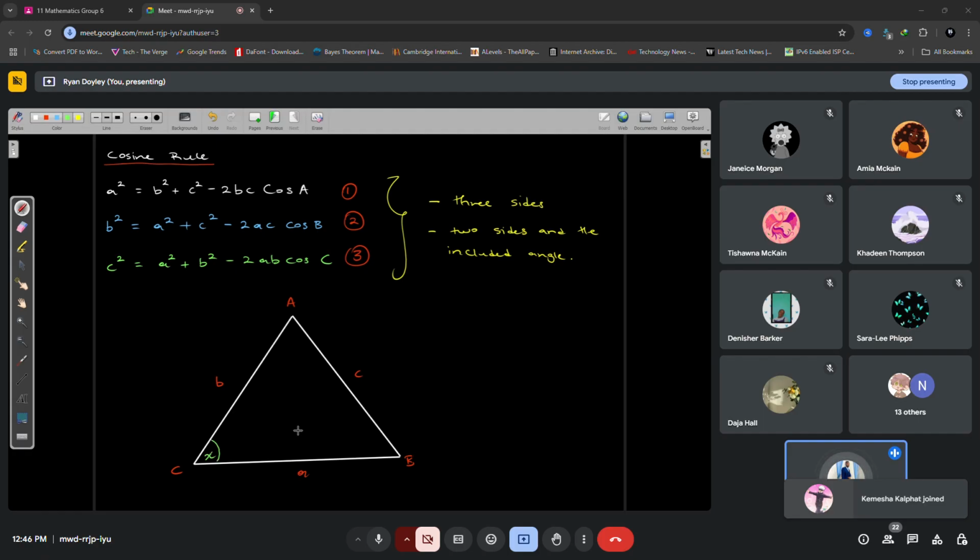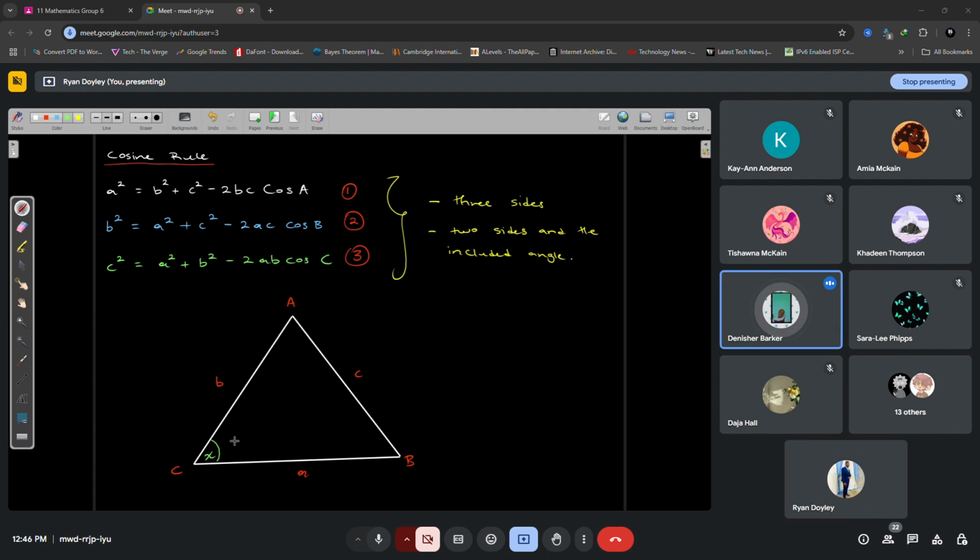So that would be angle C, right? We're finding angle C, correct? Yes, sir. All right, so which one of the variations do you think we're going to use if we want to find angle C?